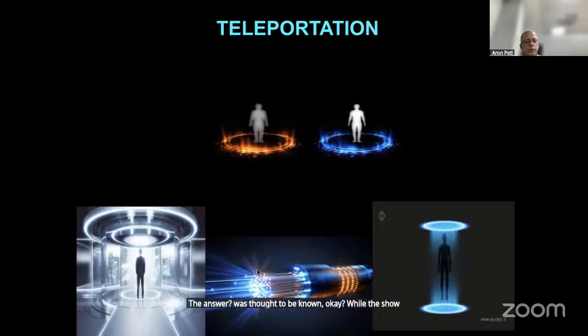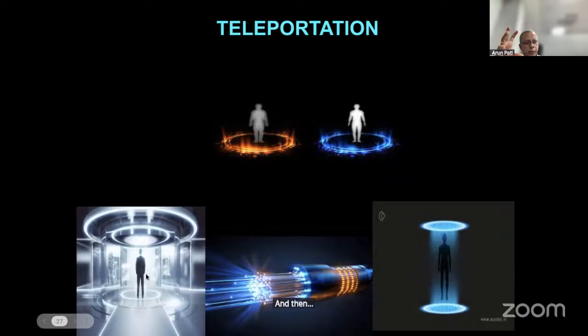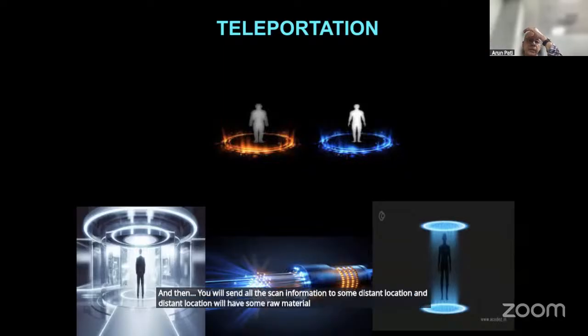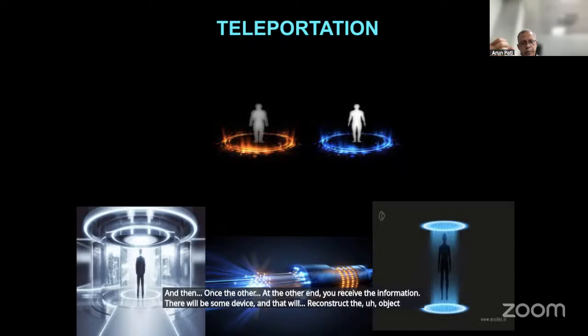Because to teleport a quantum system, what would you do? You would scan the information and then send all the scanned information to some distant location, which would have some raw material already present there. Once you receive the information at the other end, there will be a device that reconstructs the object from this received information.